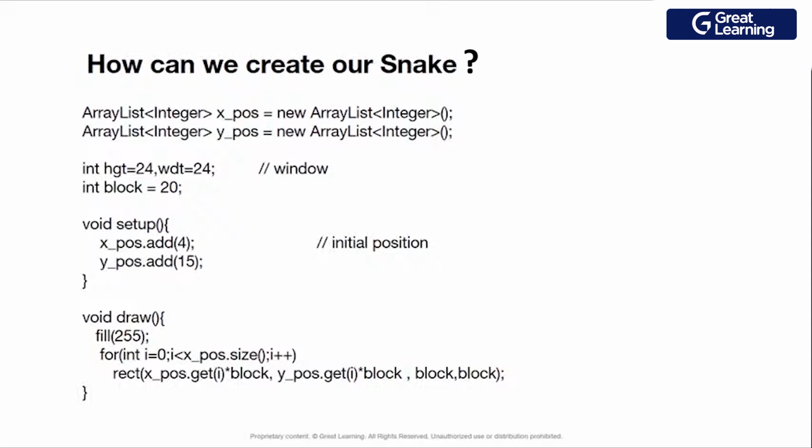Each block of our snake will be a rectangle. You can easily implement a circle or any other shape. Right now we have only one position, the x position and the y position.